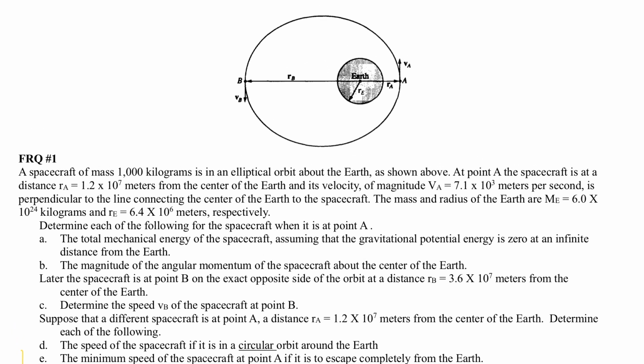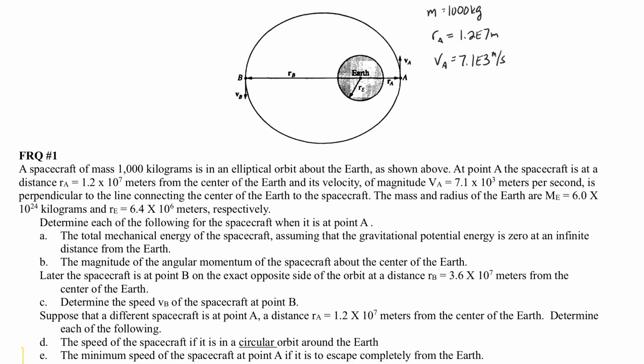So this problem is a very typical elliptical orbit question. And it says, a spacecraft has a mass of 1,000 kilograms and is in elliptical orbit about the Earth, as shown above. At point A, the spacecraft is at a distance of 1.2 times 10 to the 7th meters and has a velocity of 7.1 times 10 to the 3 meters per second.